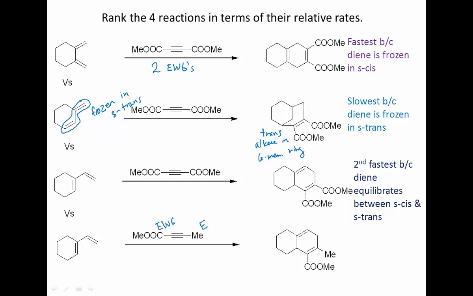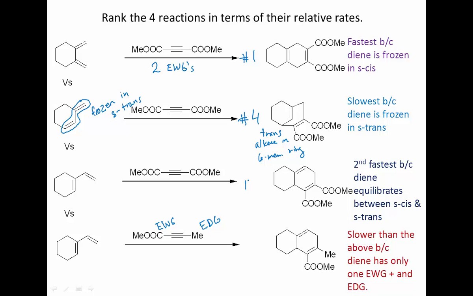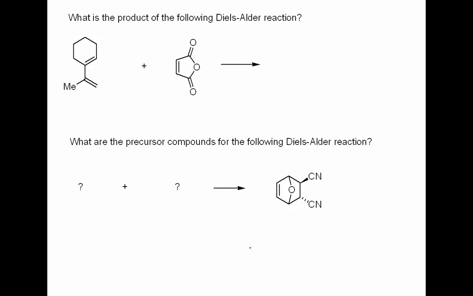It's got an electron donating group here. Okay, so it's not going to be as good as the one above it. All right, so this is number 1, number 4, number 2, and number 3 as far as the relative rates of these 4 reactions.